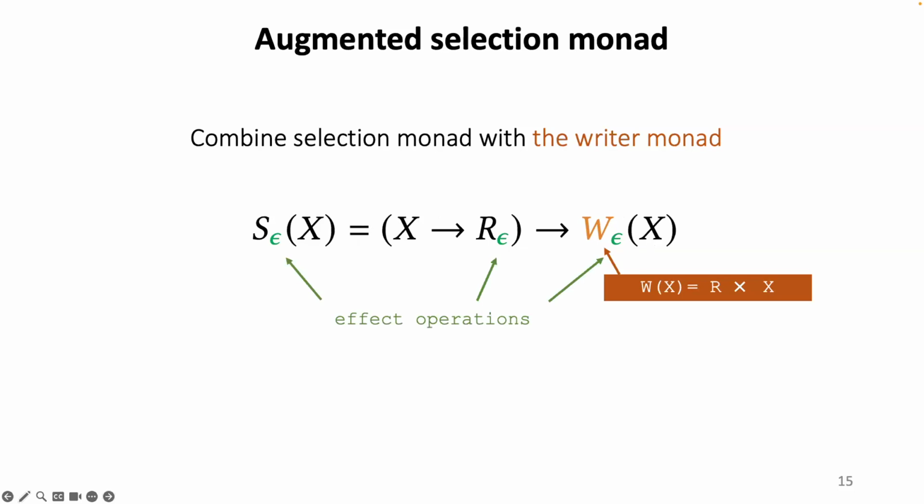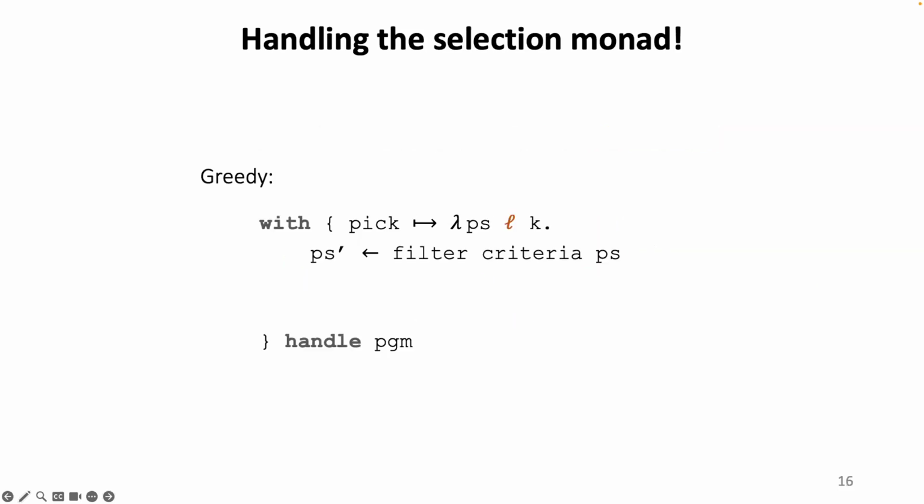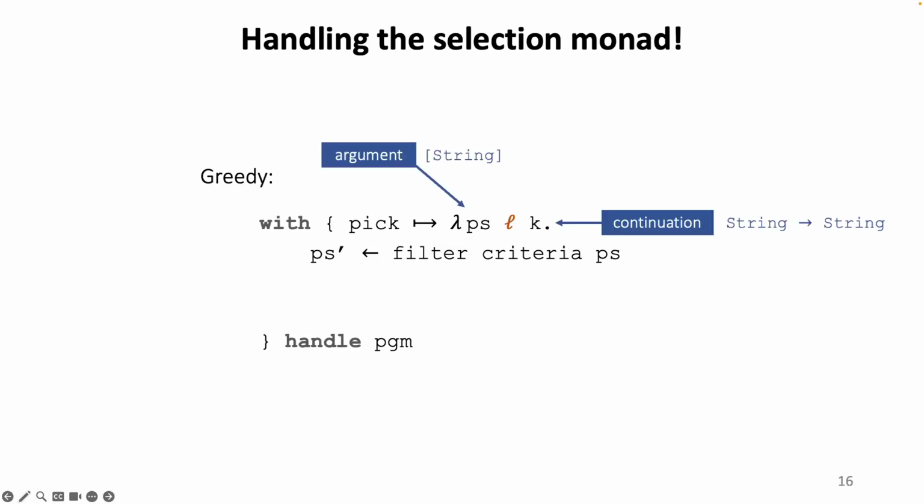All right. So now that we have introduced the selection monad, we can actually go back to our definition of the greedy algorithm for pick, and let's try to finish it by applying ideas inspired by the selection monad. And the key idea now is in the operation clause, in addition to the argument PS as well as the continuation K, the handler now receives another continuation L, which we call the choice continuation.